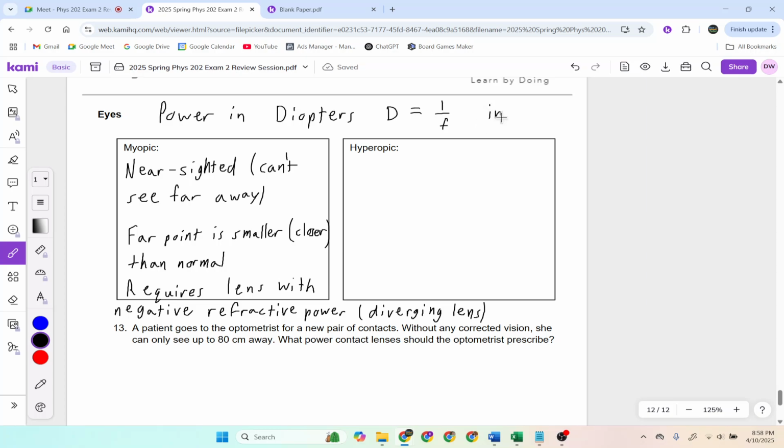And this needs to be in meters. Just to be clear, F needs to be in meters. The units for diopters are D, capital D for the units.